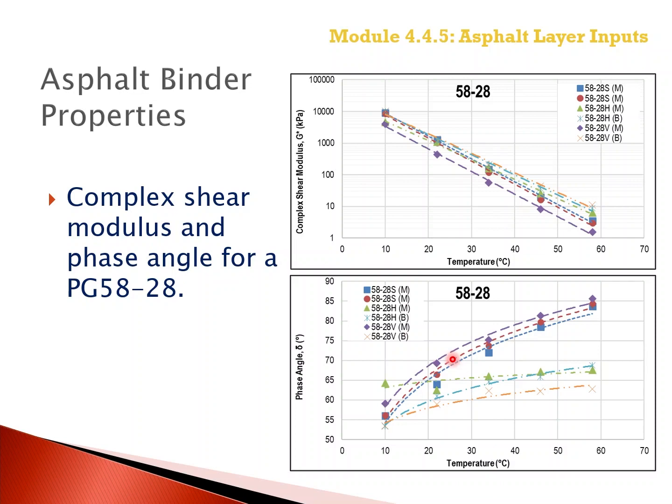And again, this example is for a PG 58-28. So whatever binder designation or binder type is selected within the specification, for input levels 1 and 2, the complex shear modulus and the phase angle are entered at one or multiple test temperatures for that binder.